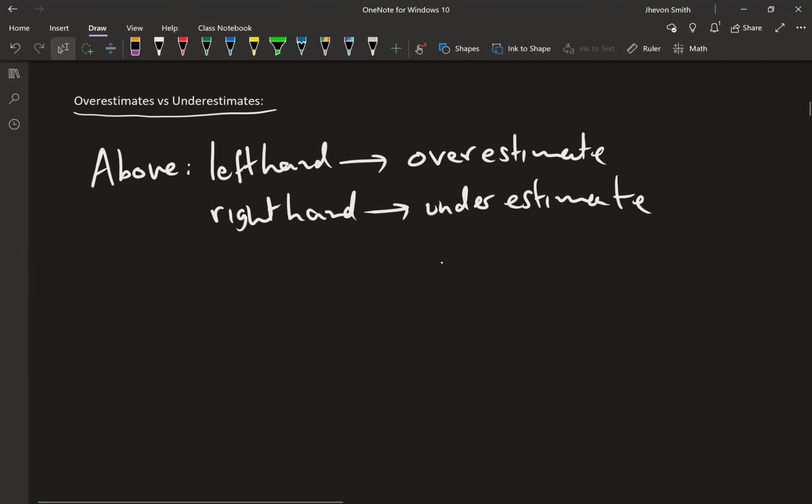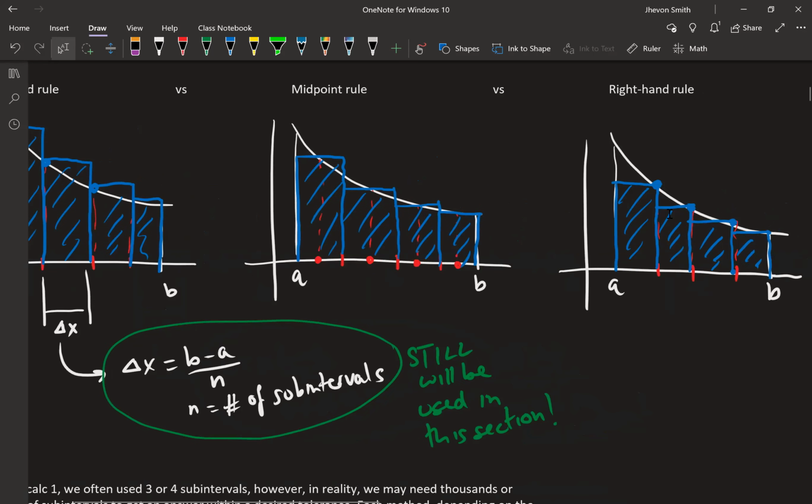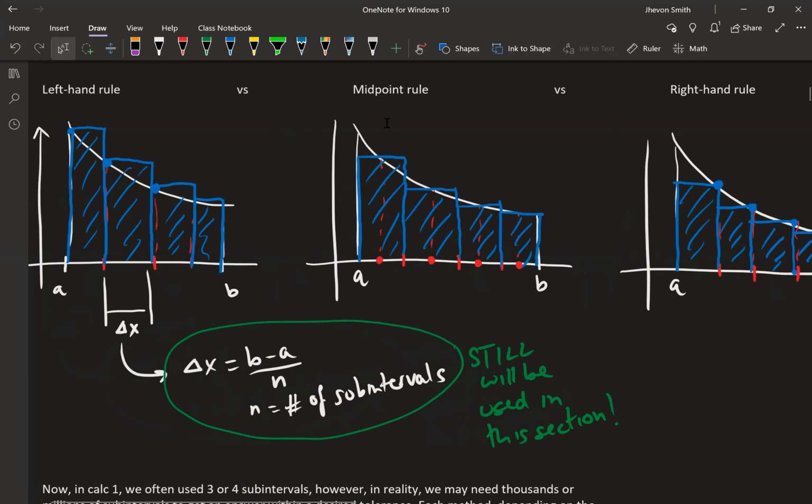Okay, so above here, notice that the area of the rectangles would be larger than the actual area under the curve, while for the right, the area of the rectangles would be actually smaller than the area under the curve. The midpoint kind of tries to do a give and take.